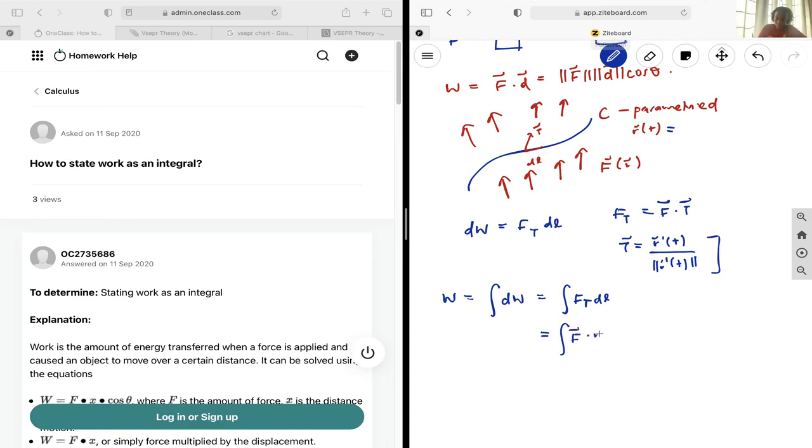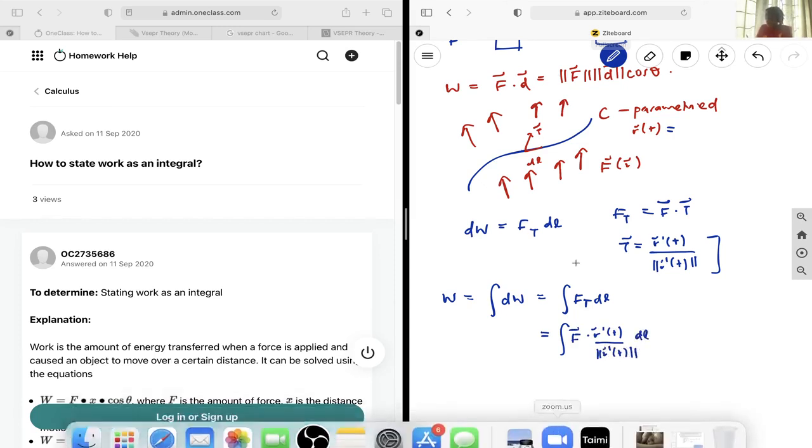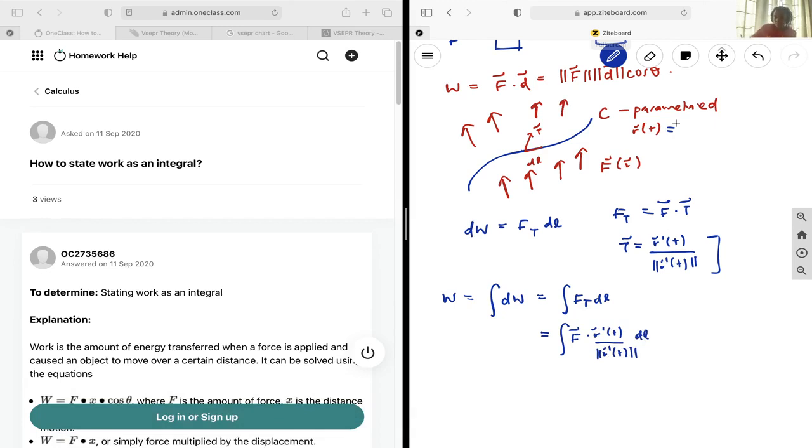So F dot r prime of t over the magnitude of that, dl. Next up we need to remember the fact that dl is equal to the magnitude of the derivative of that vector, dt. And so now let's put that in for our dl.